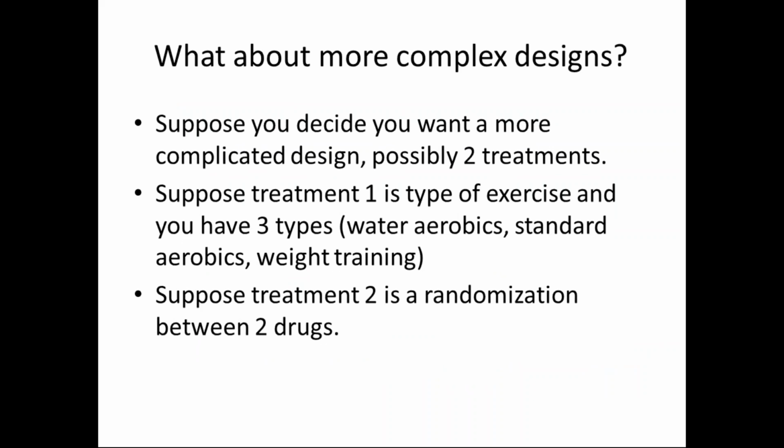Suppose you decided you want a more complicated design, possibly 2 treatments. Suppose treatment 1 is exercise and you have 3 types: water aerobics, standard aerobics, weight training. Suppose treatment 2 is randomized between 2 drugs. All of these things. Guess what? Nothing changes to the statistician.